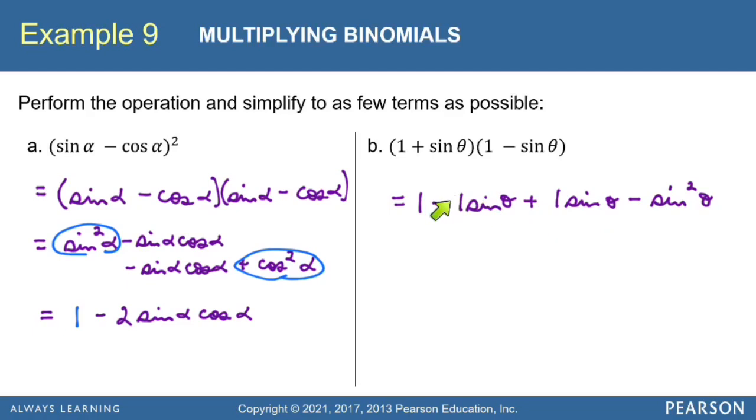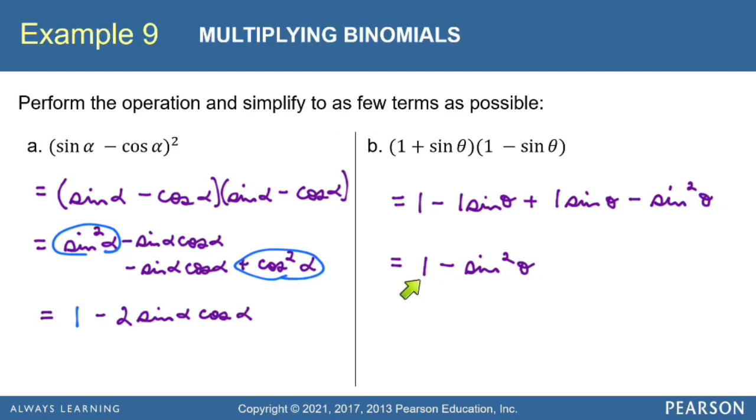Now let's think about combining our like terms here. In the middle we have minus 1 sine theta plus 1 sine theta. We know that those two would add up to 0. So then we would have 1 minus sine squared theta. And if we're trying to get as few terms as possible, like they asked in the instructions, we know there's one more thing we can do here.